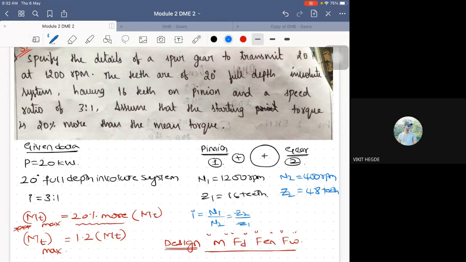Shall we continue with the problem? Have you identified the weaker part? Yes. Which one is the weaker part?